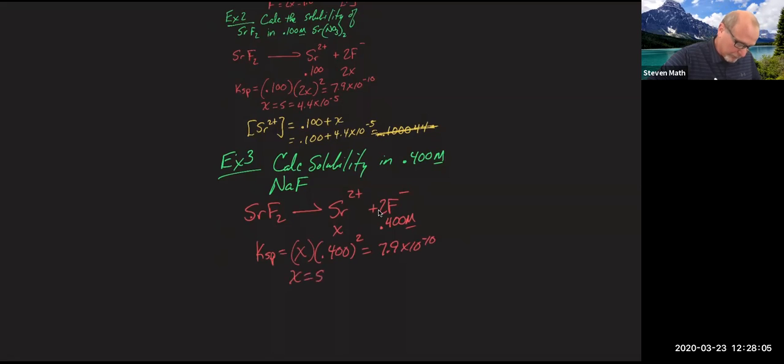X, which is equal to our solubility now, has gone down to 4.9 times 10 to the minus 9th. In true fashion, we did suppress that the molarity, the concentration of Sr, was repressed or decreased by having a common ion in place.